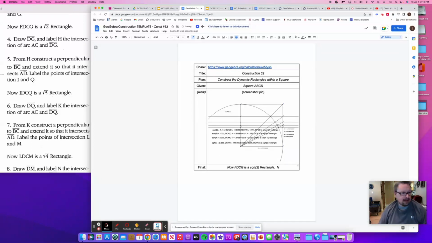And then now IDCQ is a root 3 rectangle.